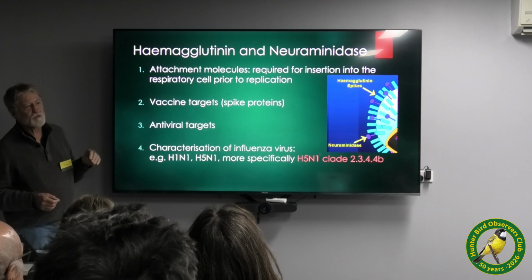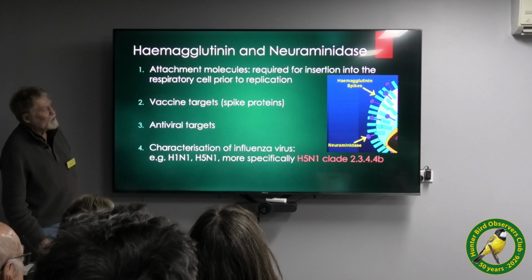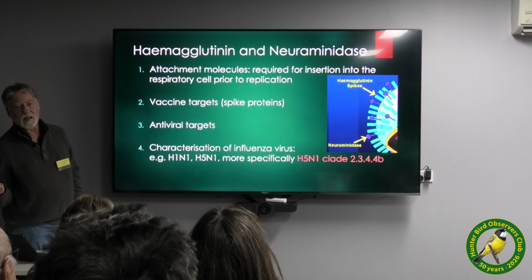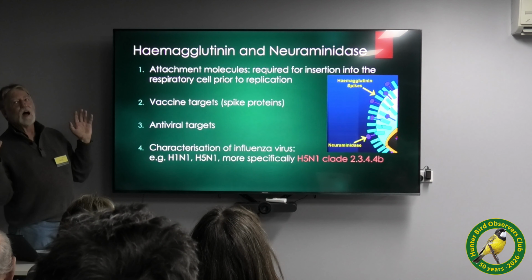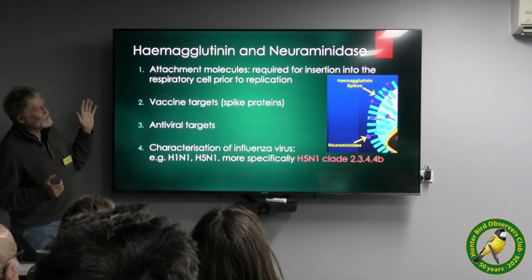So these two antigens here become the vaccine targets that you produce. You've heard of the spike protein for COVID and how you're trying to produce a vaccine against the spike protein. And I think, I don't want spikes in my body. Well, you see what they are.